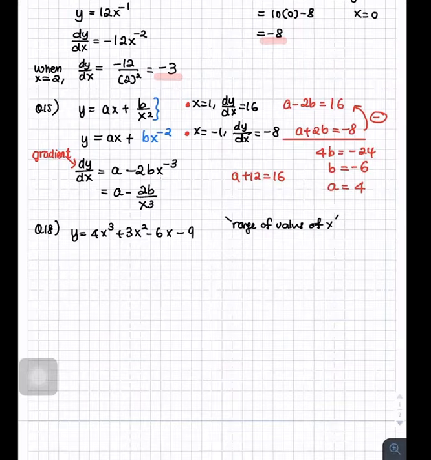Okay. Girl, what is the meaning of dy dx bigger or equal to 0? The gradient is being? More than 0.